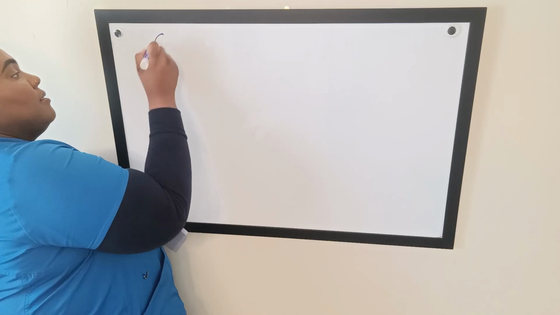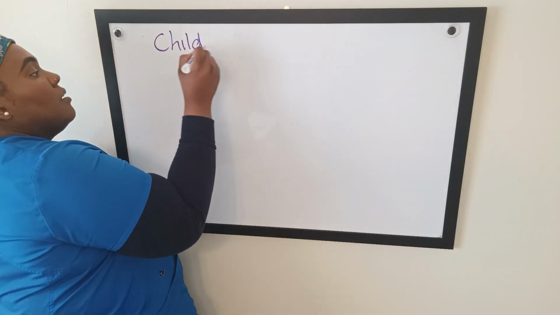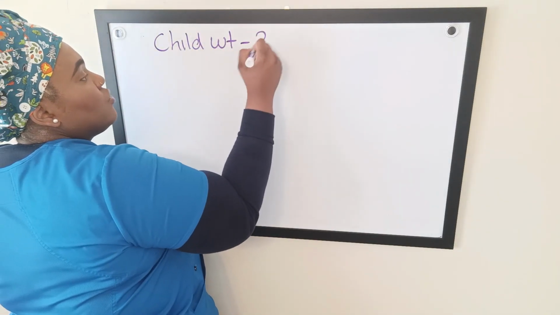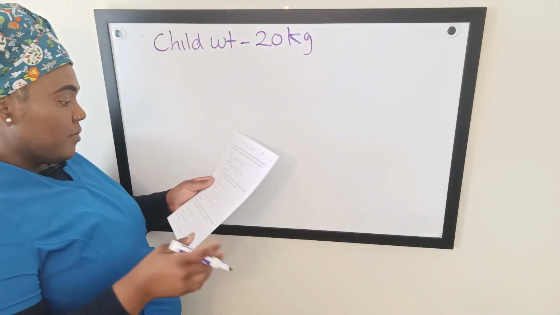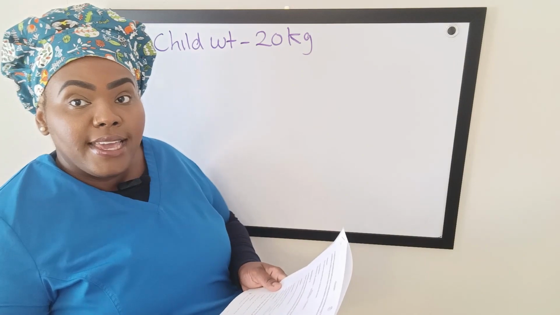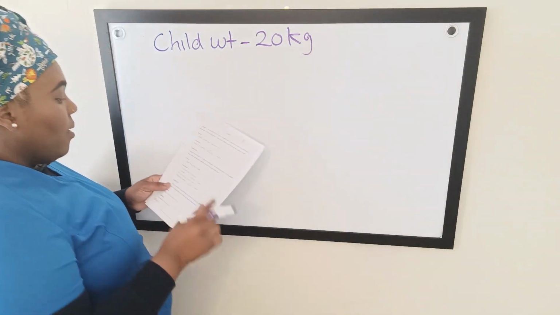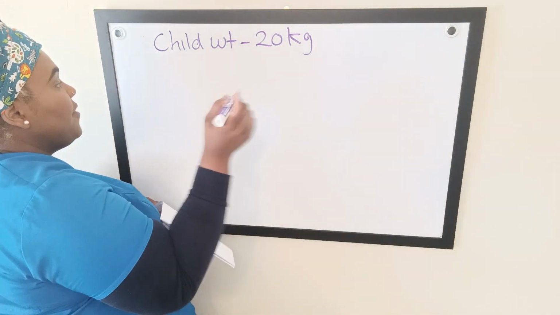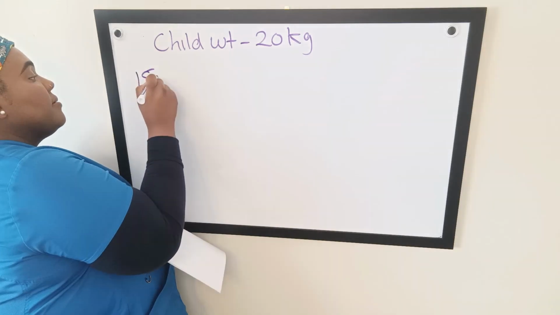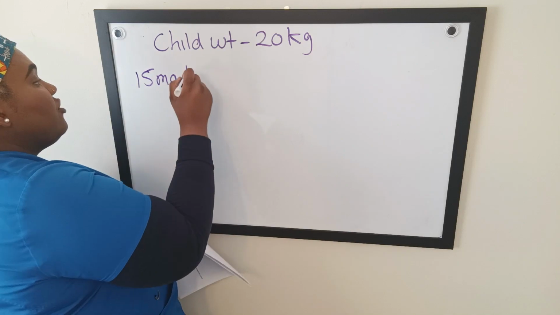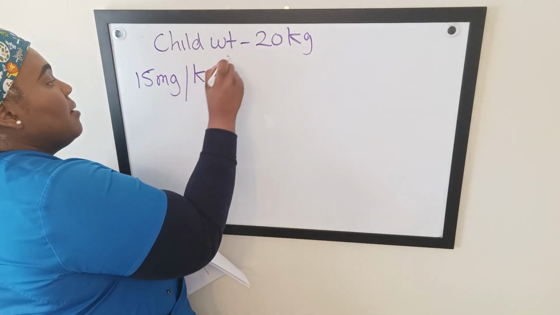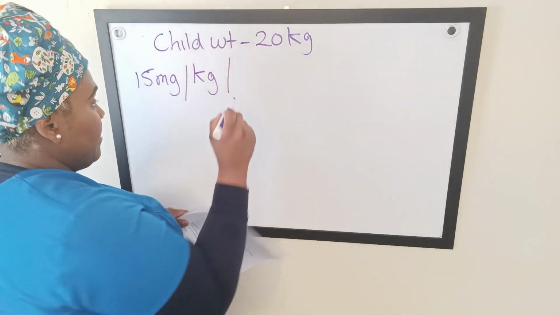So our child's weight is 20 kgs, and our medication is 15 milligrams per kg per day.